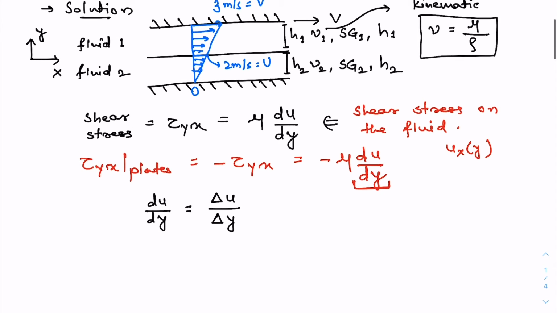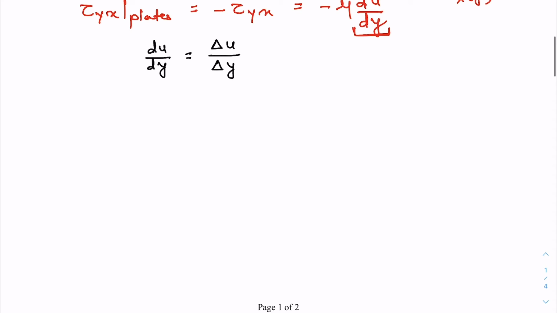So let's say in fluid 1, du by dy will be the difference between the velocity of the top plate and the velocity at the interface divided by the thickness of this first fluid film. And in the second fluid, the gradient du by dy will be difference between the velocity of this interface and velocity of the bottom plate divided by the thickness of this fluid, which is h2.